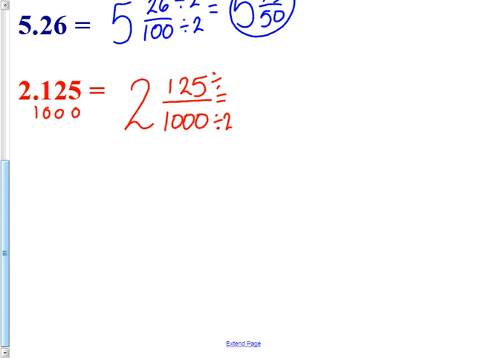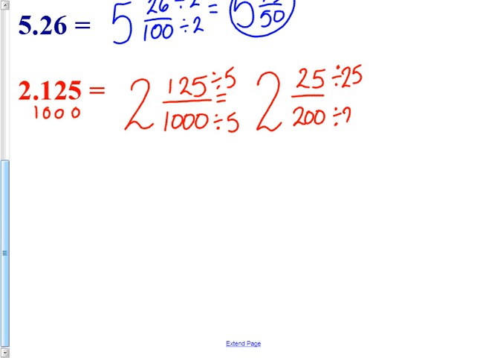Most students pick up on the fact that you can divide both 125 and 1,000 by 5. So that's going to give us 2 and 25/200ths. And then hopefully we'll pick up on the fact that we can divide both of those by 25 to give us 2 and 1/8. And again, the hardest part really about that is simplifying the fractions.